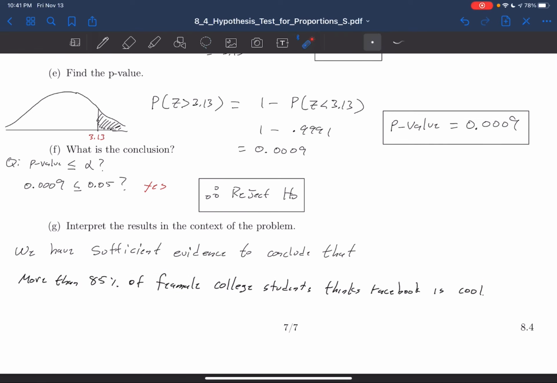So we could say that we have sufficient evidence to conclude that more than 85% of female college students think Facebook is cool.